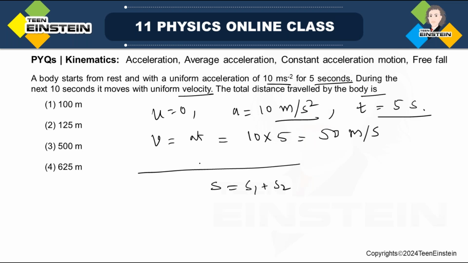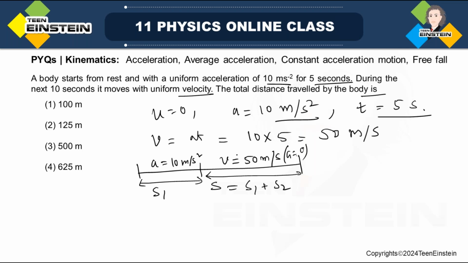Up to 5 seconds, s1, it is moving with constant acceleration. The rest of the distance s2, it is moving with constant velocity, 50 meters per second, and acceleration is 0, for 10 seconds.